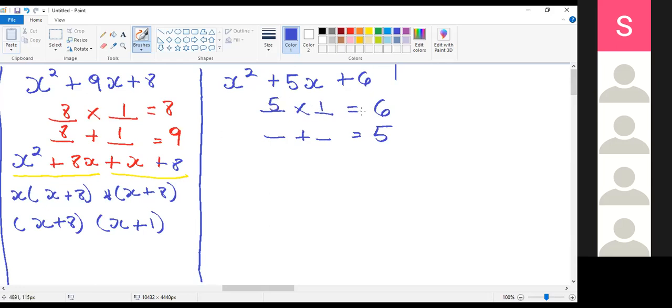But 5 times 1 is 5, not 6. It can't work, because you need two numbers that when you multiply them, you get AC, which is 1 times 6, which is 6. And then when you add those same two numbers, you need to get 5. So 5 and 1 can't work.